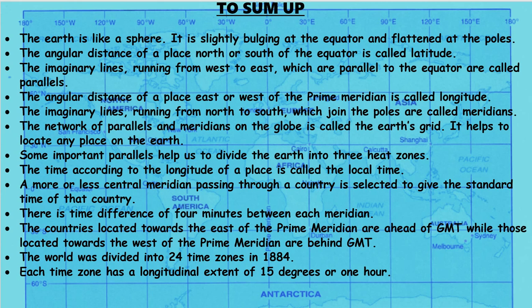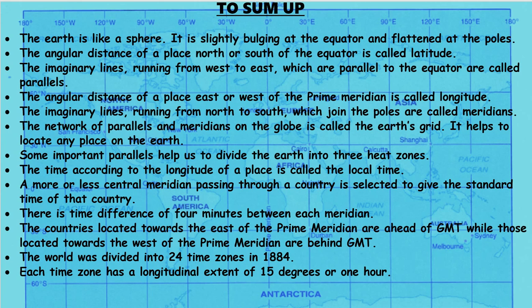Okay. The time according to the longitude of a place is called the local time. A more or less central meridian passing through a country is selected to give the standard time of that country.